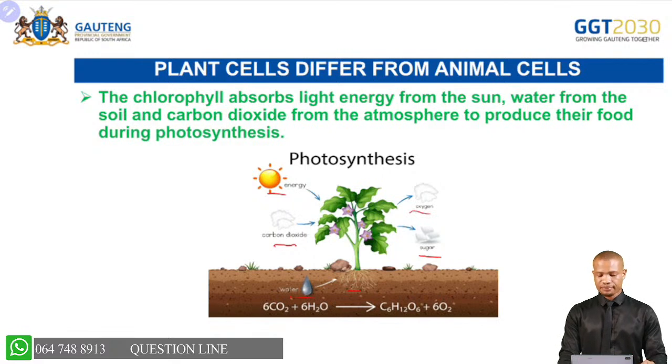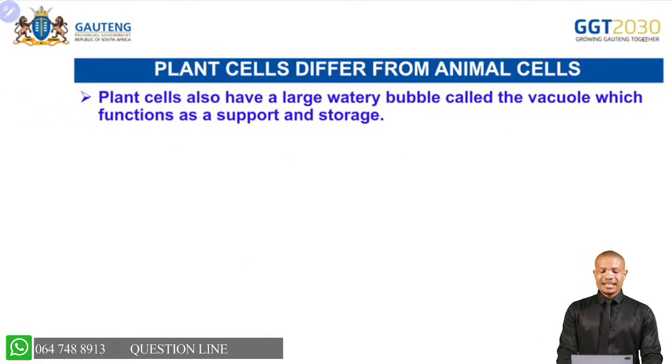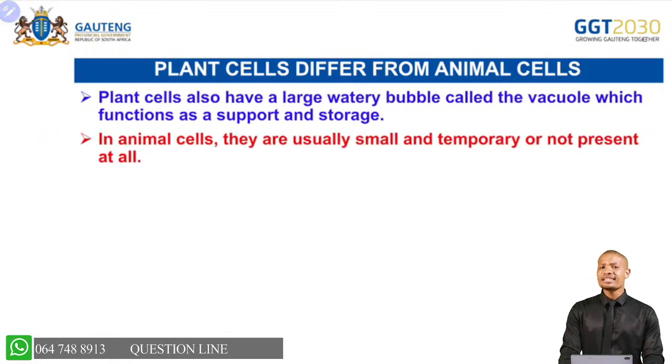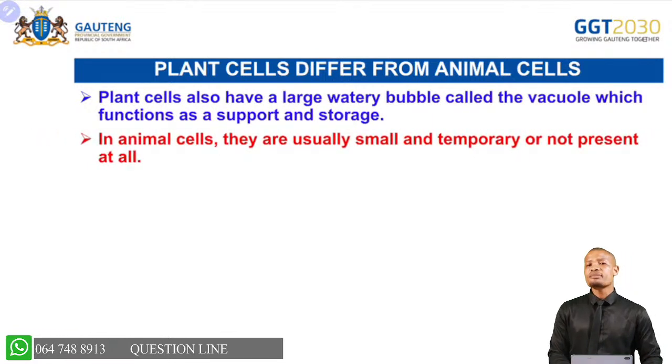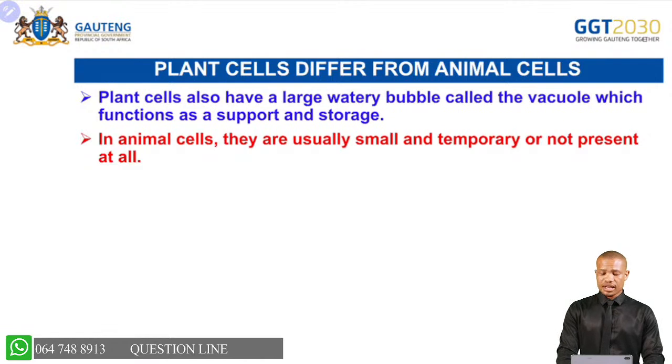Plant cells also have a large watery bubble called the vacuole, which functions as support and storage for the cell. Whereas in animal cells, they are usually small or temporary, and sometimes not even present at all.